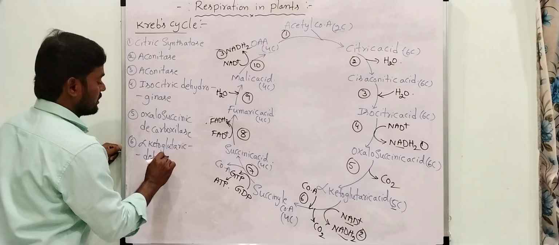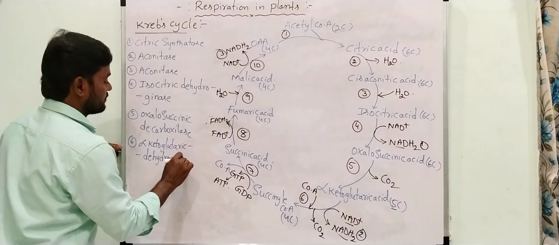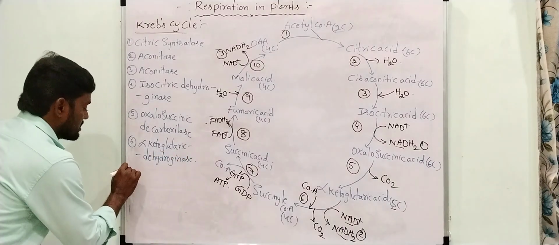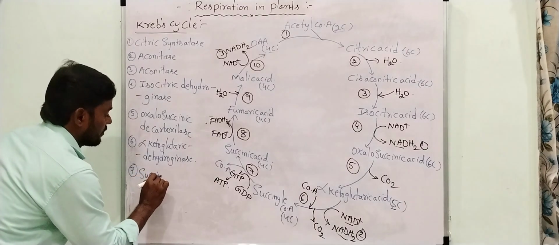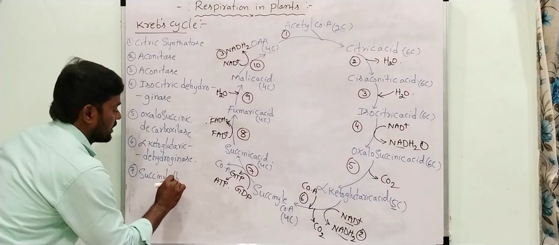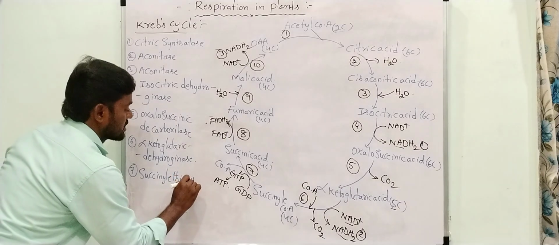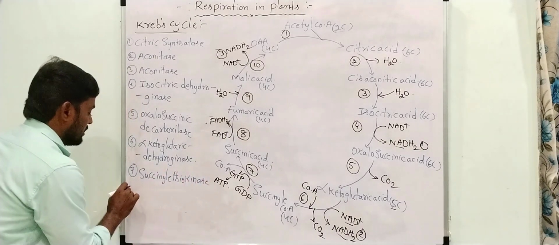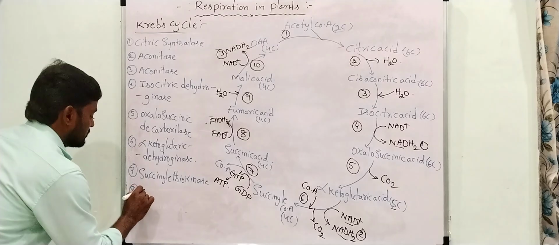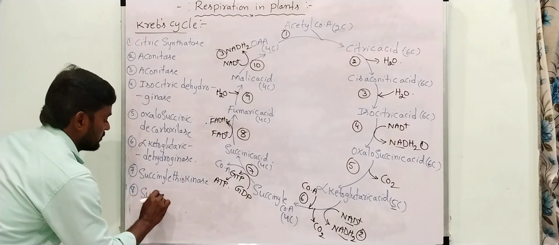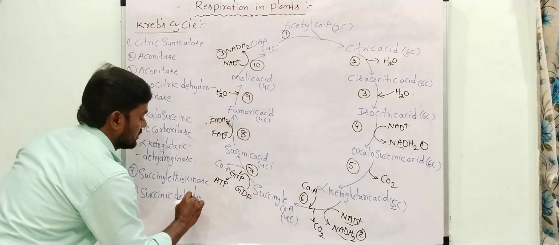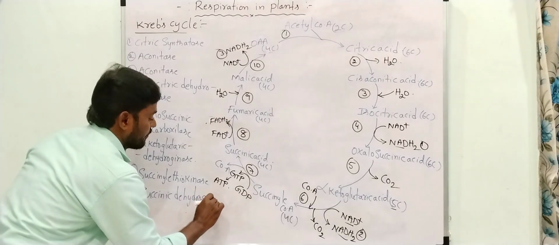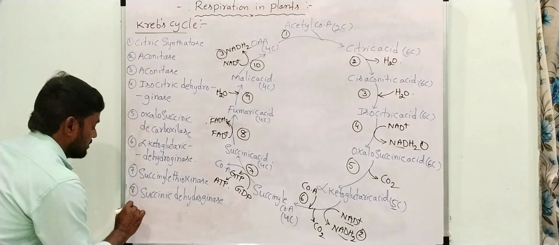And the seventh enzyme name is succinyl thiokinase. Next, the eighth enzyme name is succinic dehydrogenase. Next, the ninth enzyme name is fumarase. And the tenth enzyme name is malic dehydrogenase.